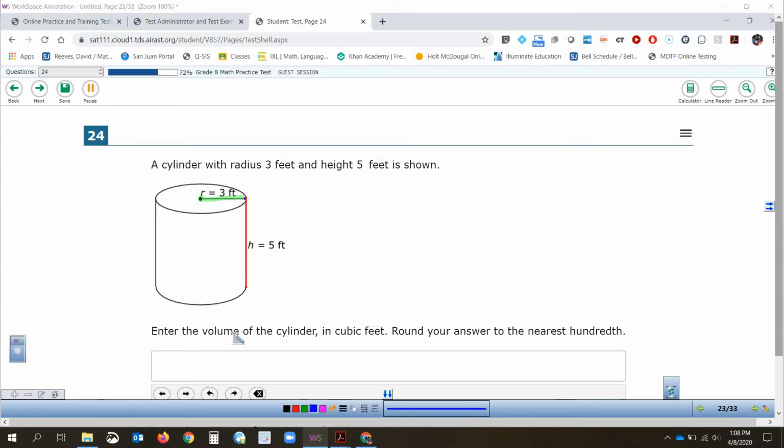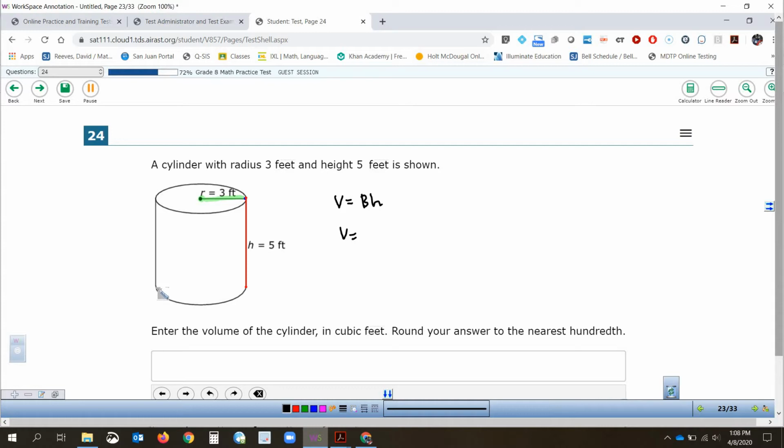It says enter the volume, which means we need to know the formula for the volume of a cylinder. The volume of any prism is the area of the base times the height, and a cylinder is simply a circular prism. But what is this base? What shape is it?